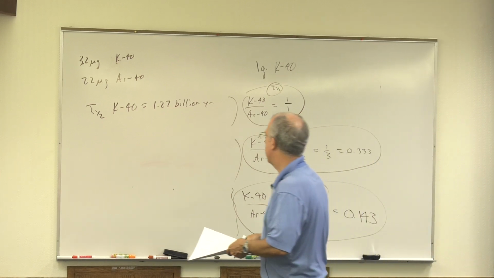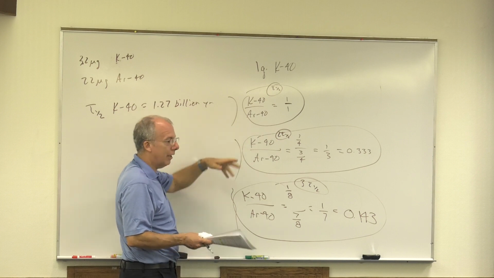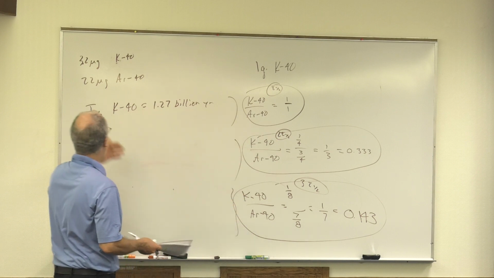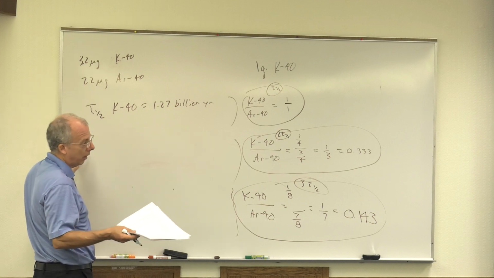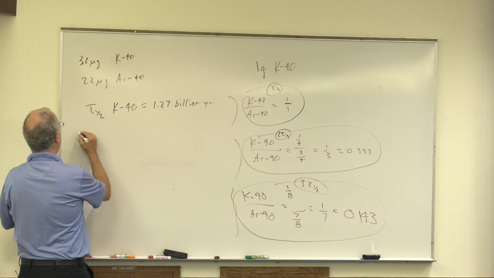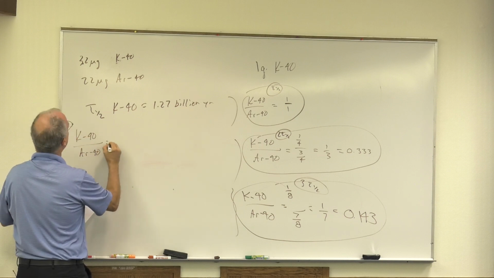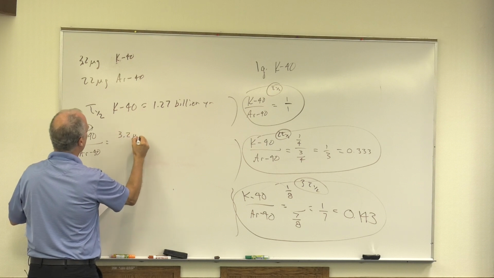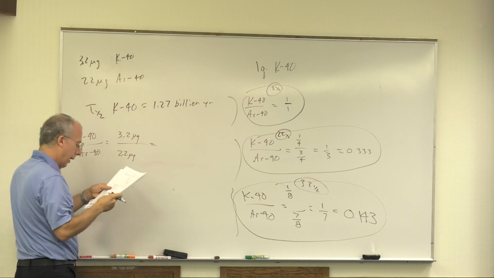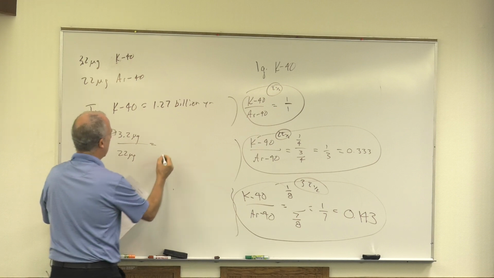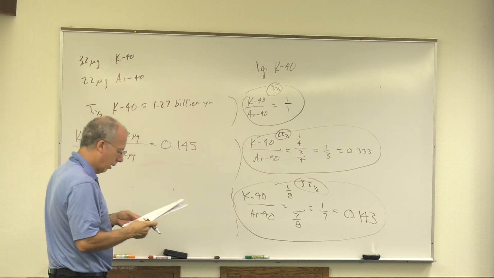Well, come on. The ratio of K to argon gives you the elapsed time. So we have the amount of potassium, we have the amount of argon, so what are we going to do? We're going to find the ratio, right? So the K40 to argon-40 ratio is 3.2 micrograms divided by 22 micrograms. And I promise you that is 0.145. Wow!